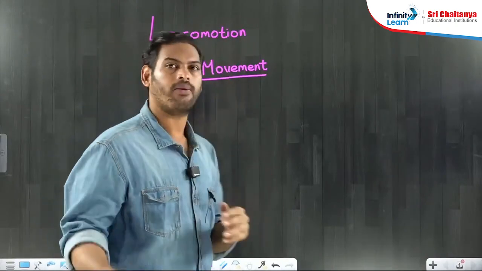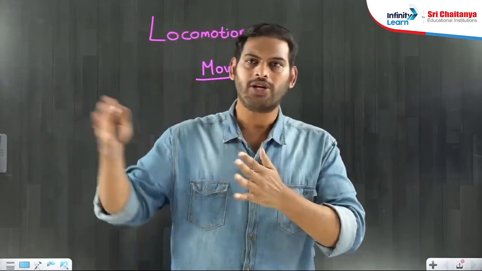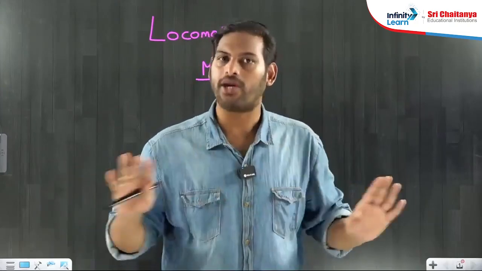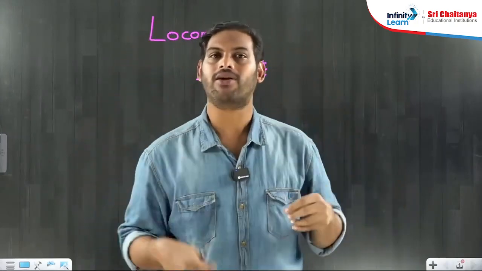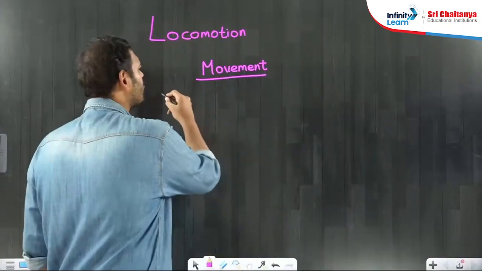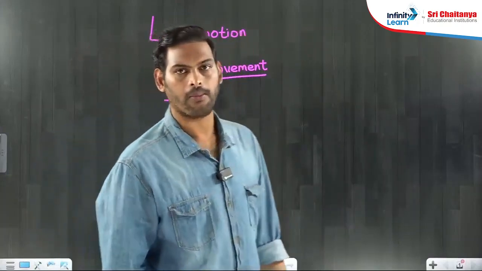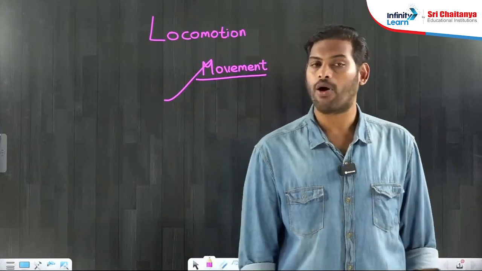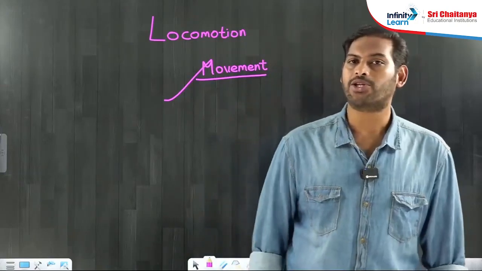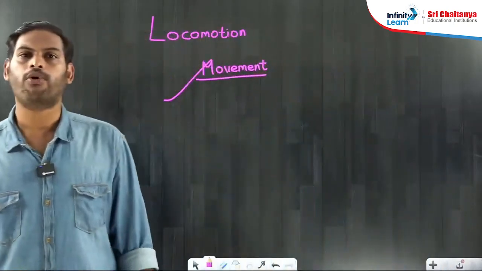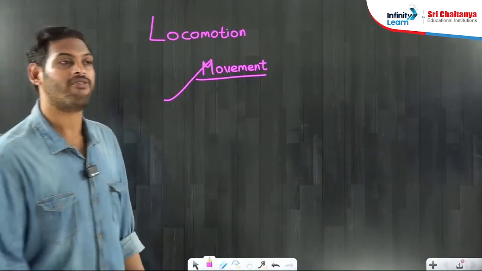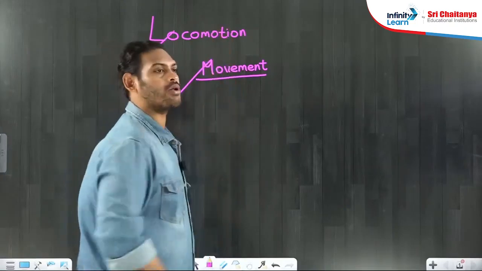How? Movement. Any change in your body posture, if there is any difference, any change in your body posture is considered as movement. But if this change in posture also leads to change in your position, location also, that will be referred as locomotion.